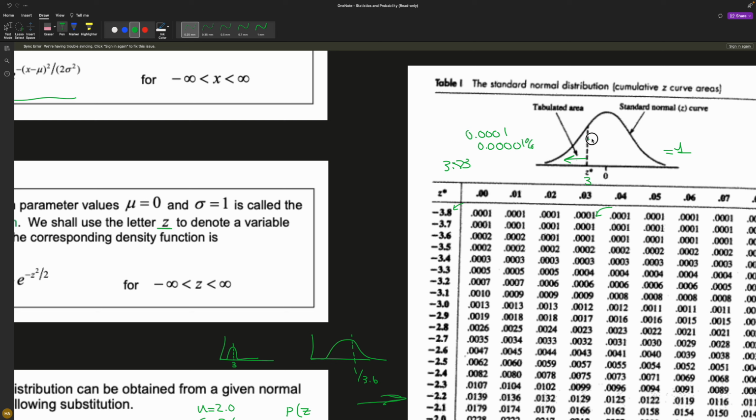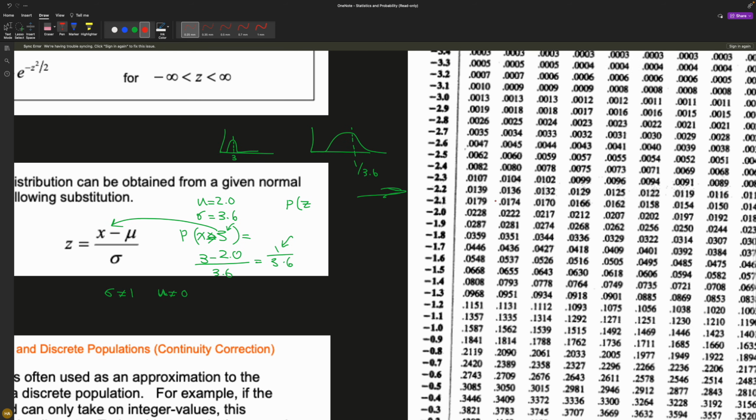But I'm looking for the one to the right. That's what I want. So I can take 1 minus whatever, remember, this whole thing is 1. If I take that whole thing and subtract whatever is on the left, it will give me everything to the right. And so that's what you'll do. Just keep that in mind. This will give you to the left and the exponential will give you to the right. All right.